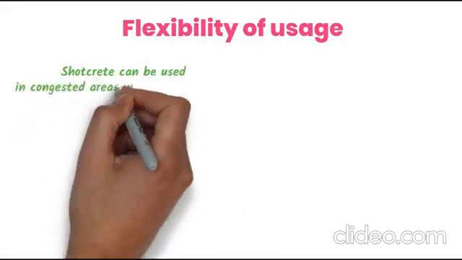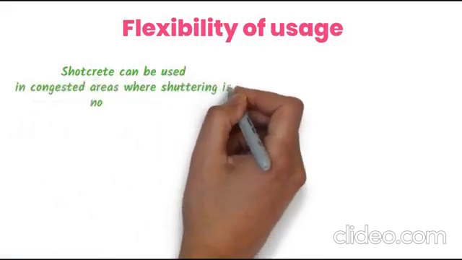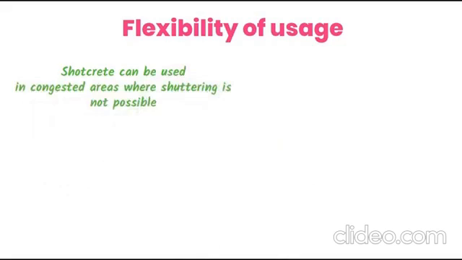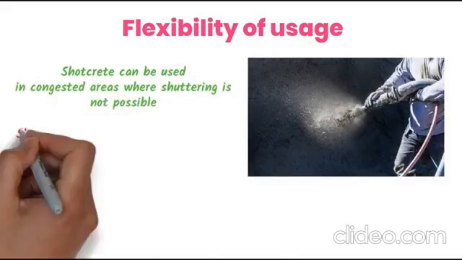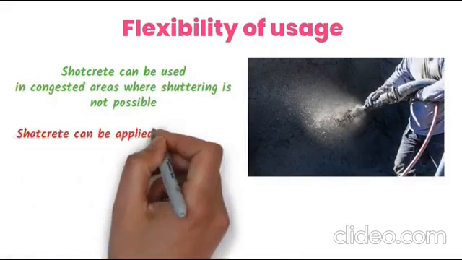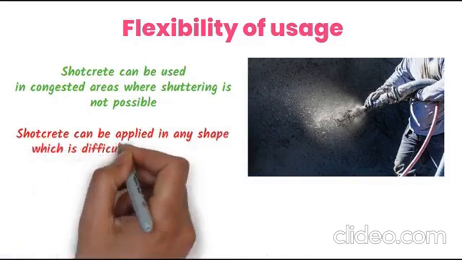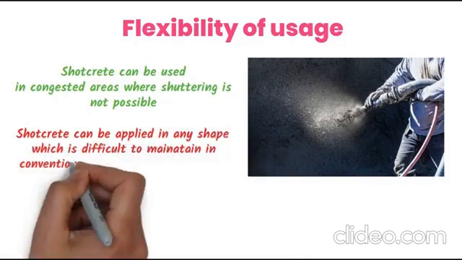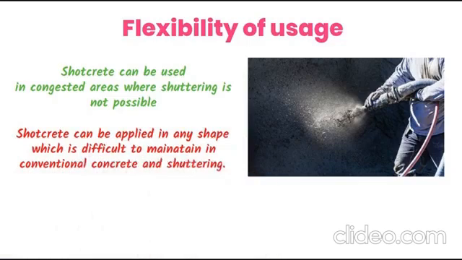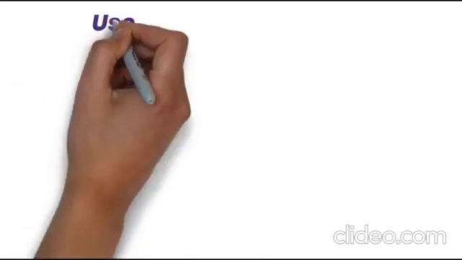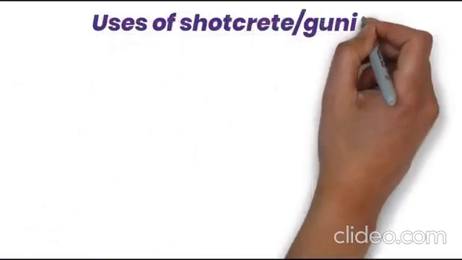Shotcrete can be used in congested areas where shuttering is not possible. Shotcrete can also be applied in any shape, which is difficult to maintain in case of conventional concrete and shuttering works.